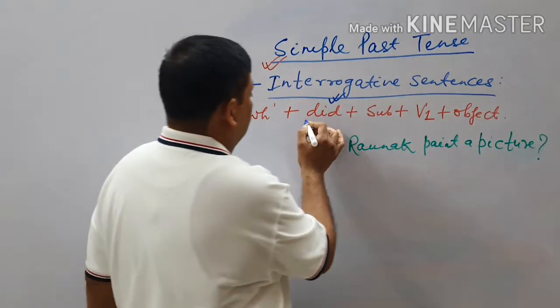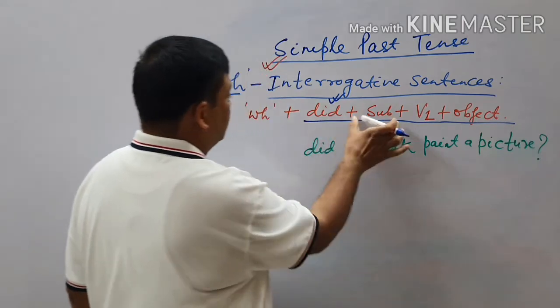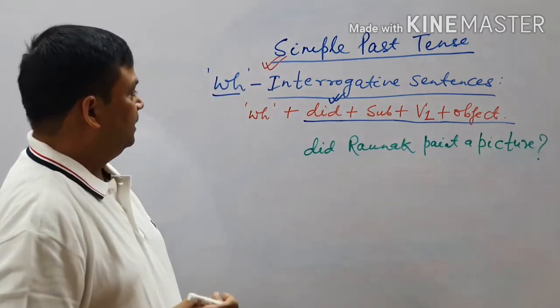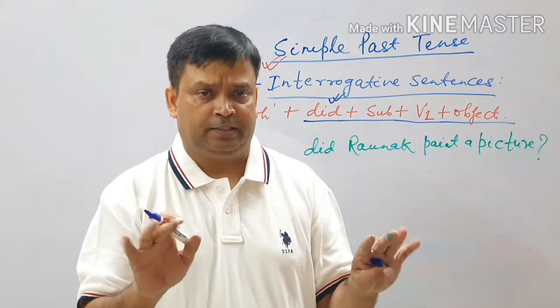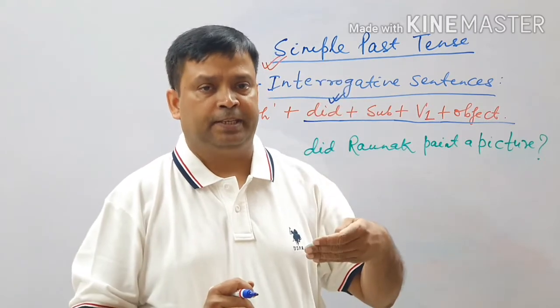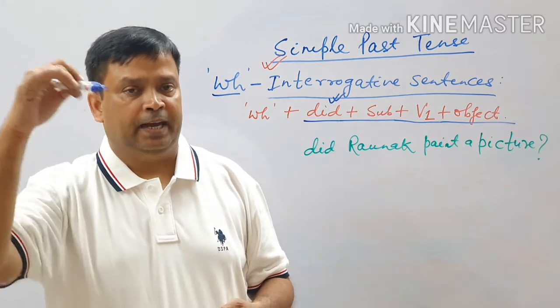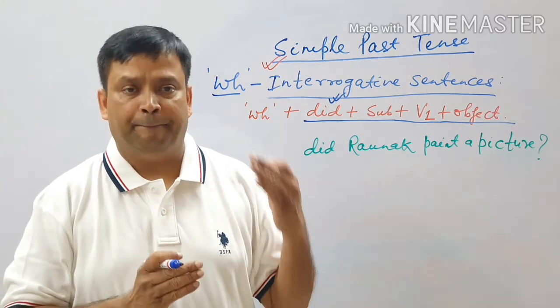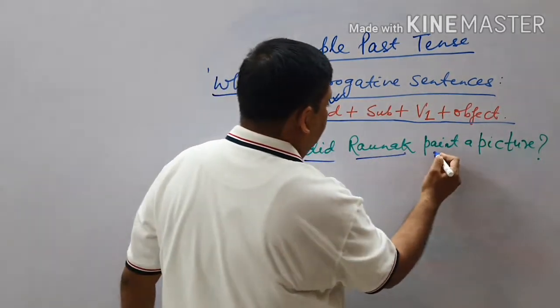For example, did plus subject plus first form of the verb plus object. This will remain as it is as in the case of interrogative sentences. So you don't have to make any change. So frame an interrogative sentence, and then according to the sense of the sentence, you can add a WH word just at the beginning. So did Ronak paint a picture?